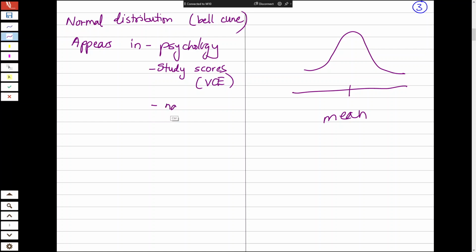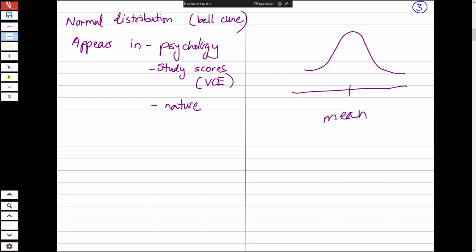I'm just going to write nature. So almost anything that you can measure, such as height or weight, for any animal or human being, usually you're going to get this characteristic bell-shaped curve where most of the measurements are in the middle, and then as you get further and further away from the average, it's less common. If I measured everyone's height at this school, I would get a graph that looks like this.